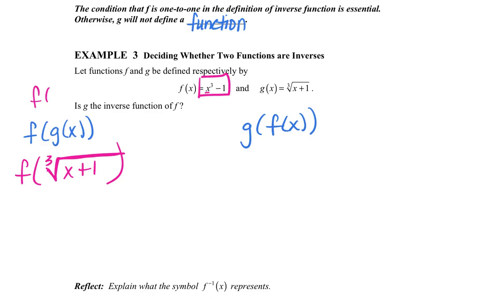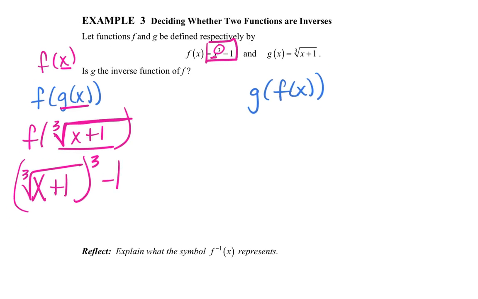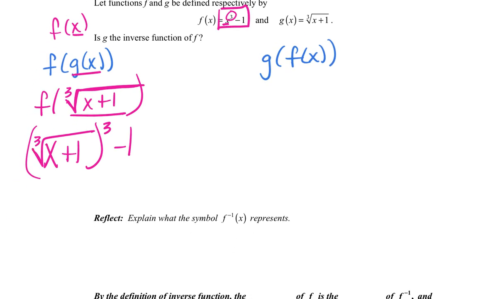Because remember, this was f of x, and I replaced x with the function. So we're going to say that x plus 1, the cube root, so I'm replacing this x with this, and then I have to cube it because it says so, minus 1. When you cube a cube root, it cancels everything out, so we get x plus 1, and then we have the minus 1. Those cancel, and we're left with x.